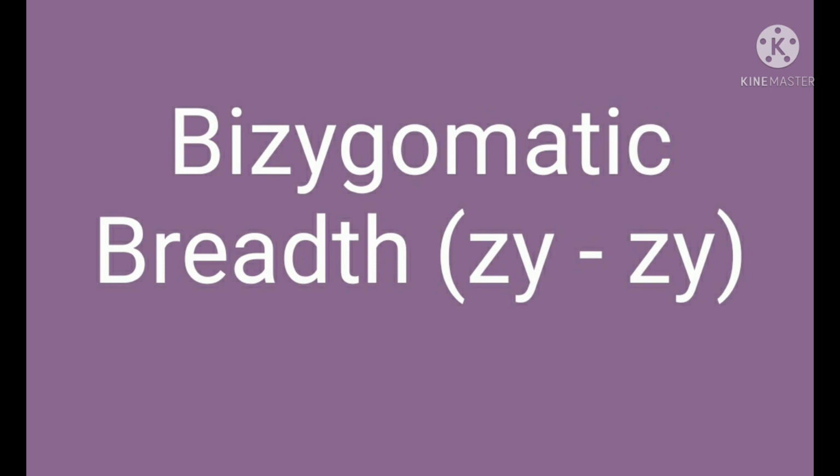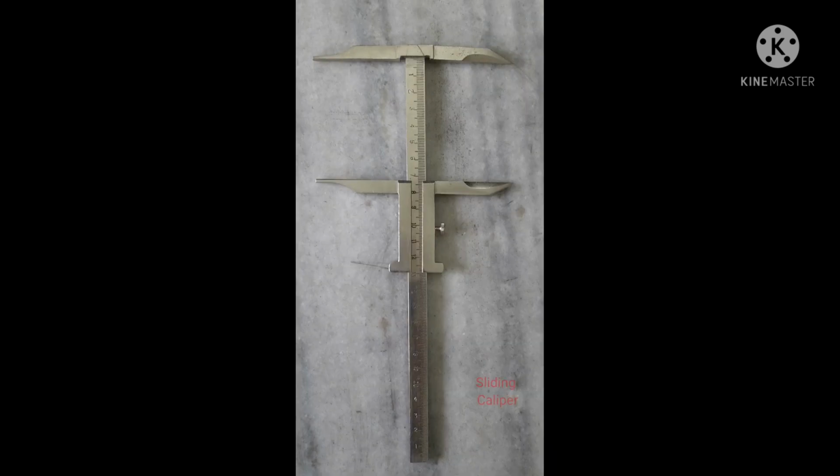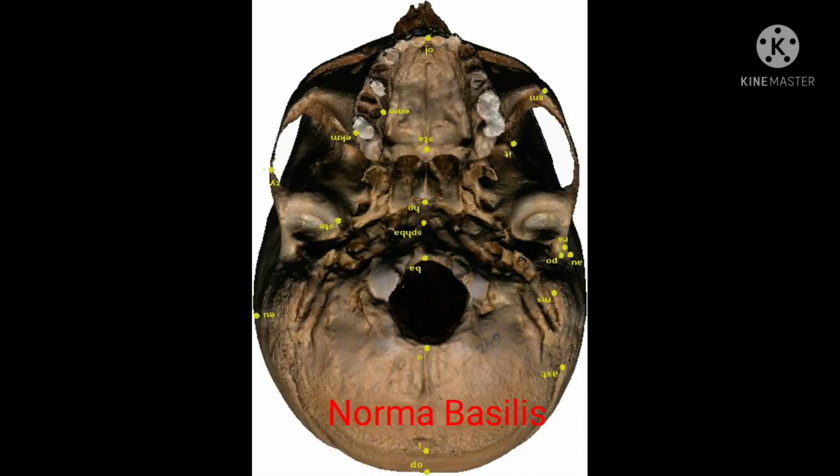Bizygomatic breadth. It measures the straight distance from one zygion to the other zygion. Zygion is the most lateral point of the zygomatic arch. For this measurement, a sliding caliper is used, and the skull is allowed to rest on its base facing the investigator.